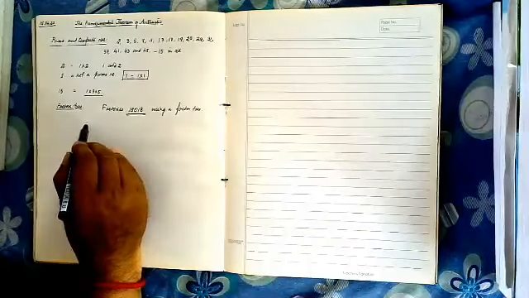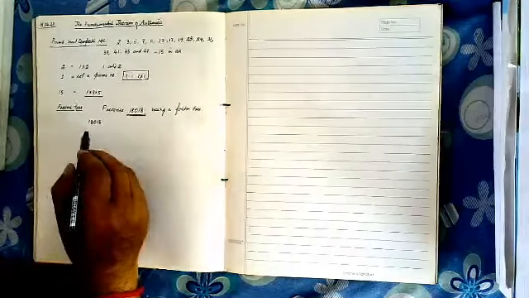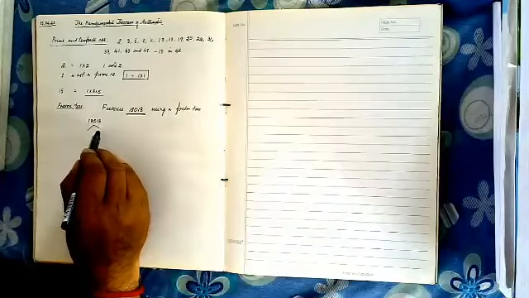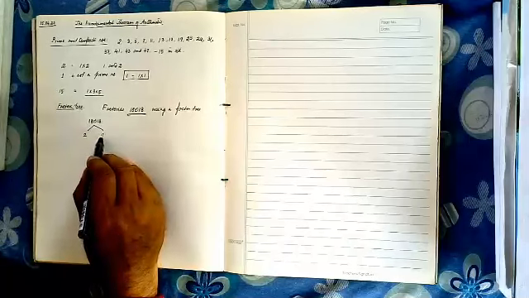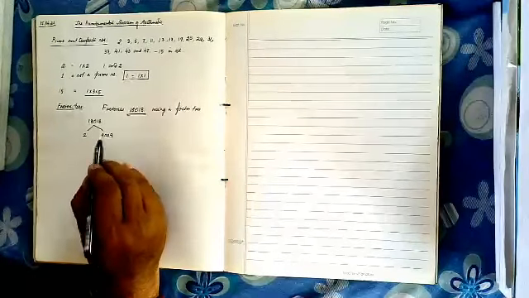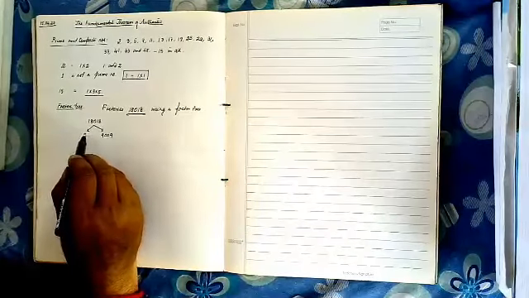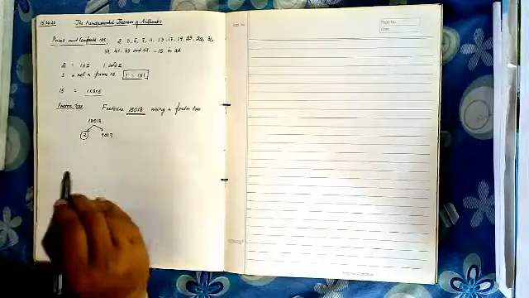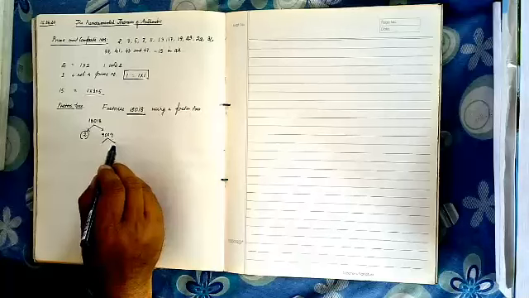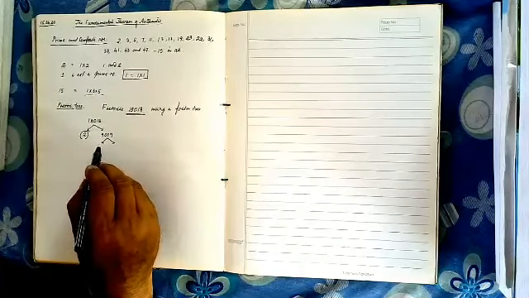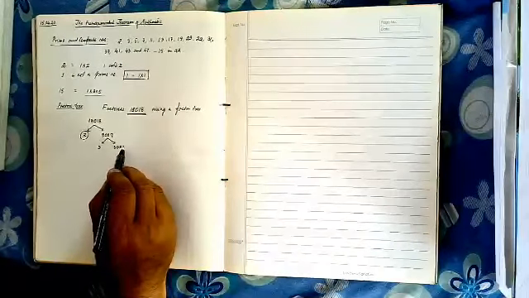Now 18018, we can write this number as 2 into 9009. Out of these two numbers, 2 is prime. 9009 is composite. For this number we can again write 3 into 3003.